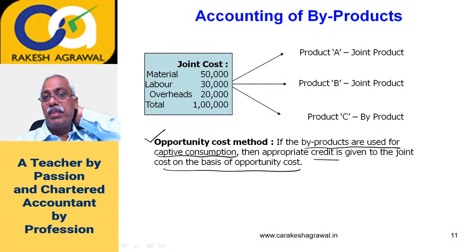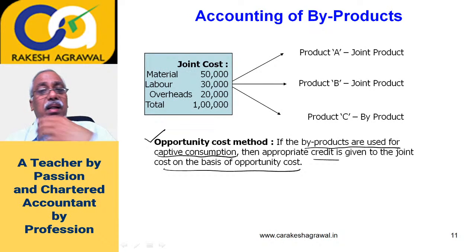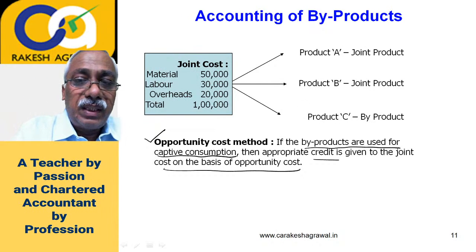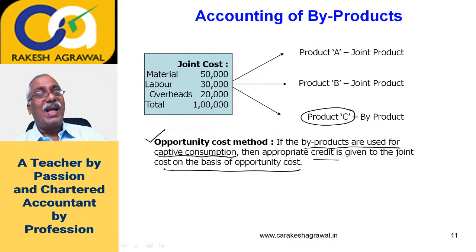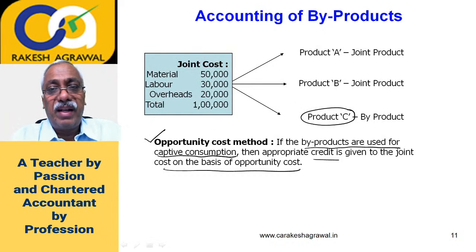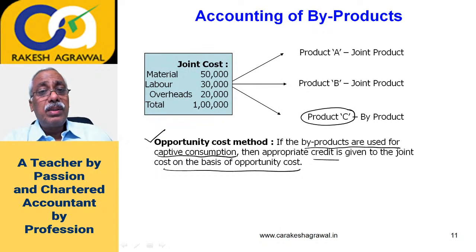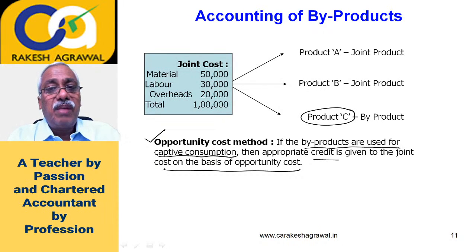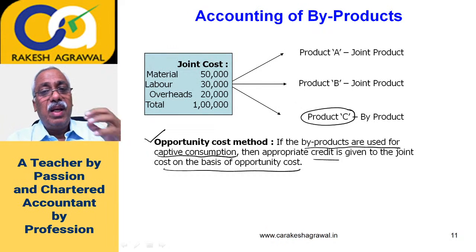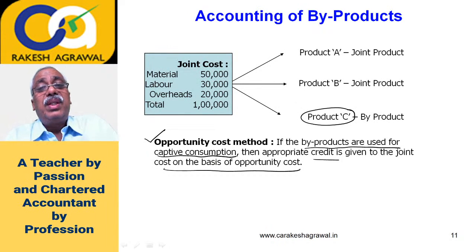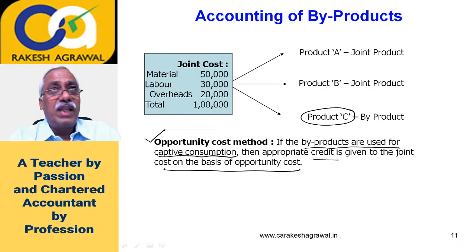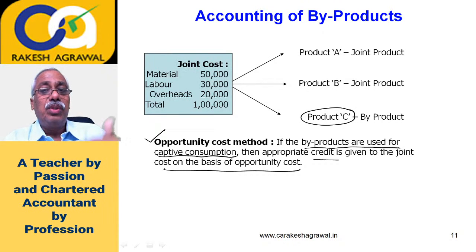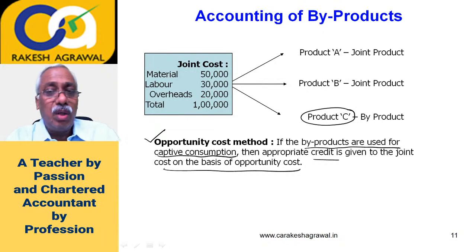Captive consumption means something which you produce and you yourself consume. Now let's take an example that this byproduct which we are generating, product C, suppose this byproduct is molasses generated in a sugar factory. Now instead of selling this byproduct C to outsiders, your sugar factory has thought that we ourselves will do the distillation, because molasses has to pass through the distillation process to convert it into alcohol.